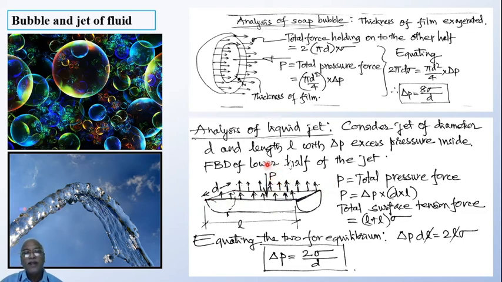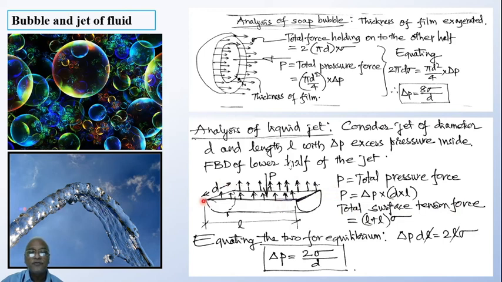That will be balanced by a pressure force which will be acting on this area of D into L. Now what is the total force acting on the surface? P will be equal to the pressure difference between outside and inside, delta P, multiplied by D into L.